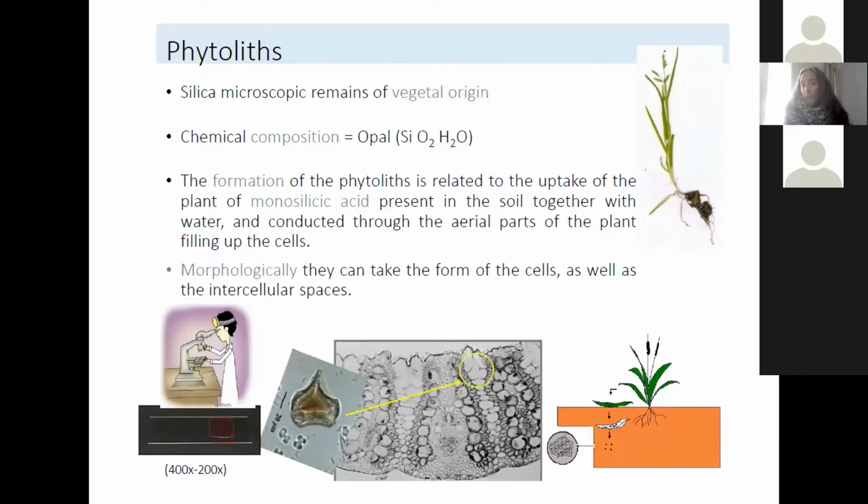For studying phytoliths, we have to do chemical extraction processes in the lab, very similar to those of the pollen. And the idea is to extract and to clean as much as possible the sediments to see these microremains in microscopic slides at magnifications between 200 and 400.